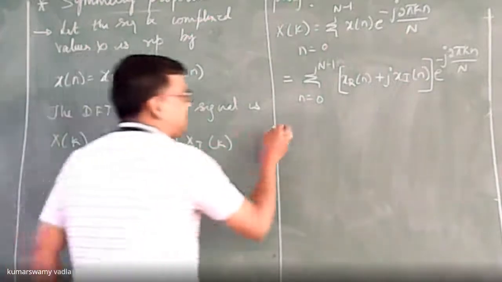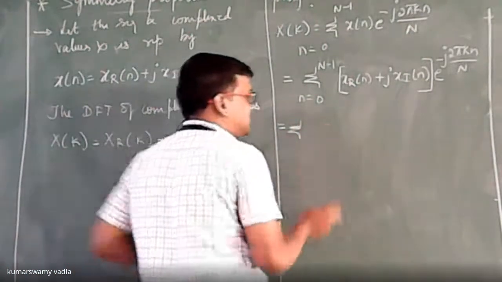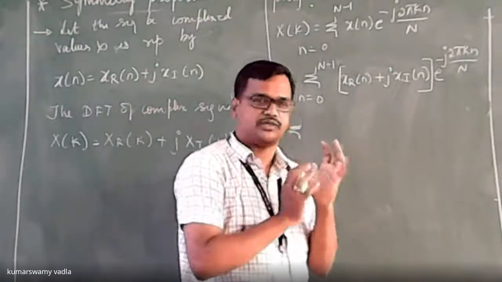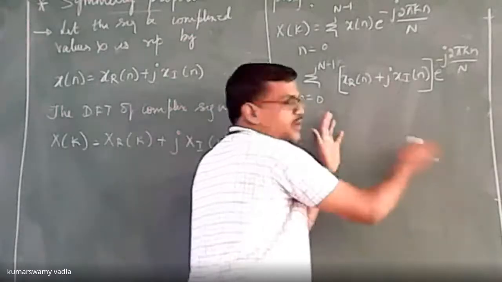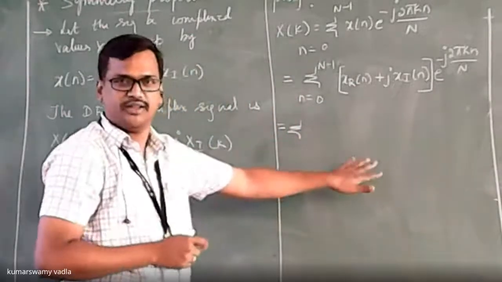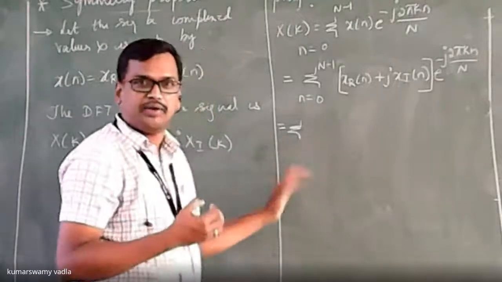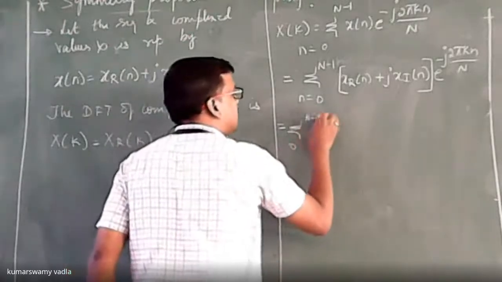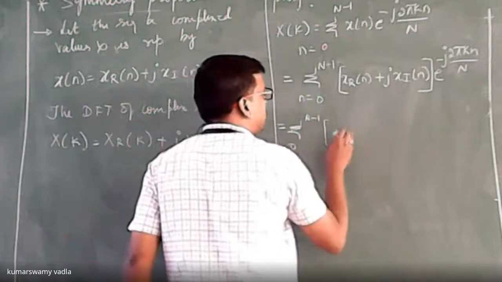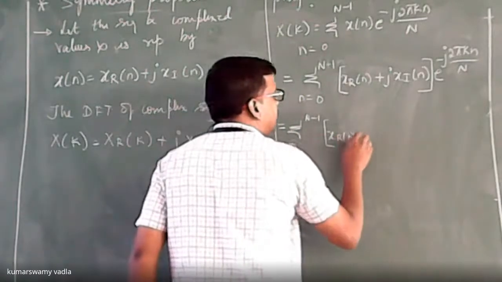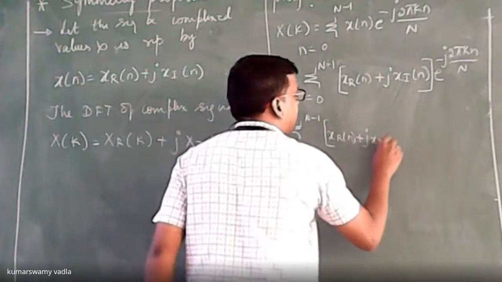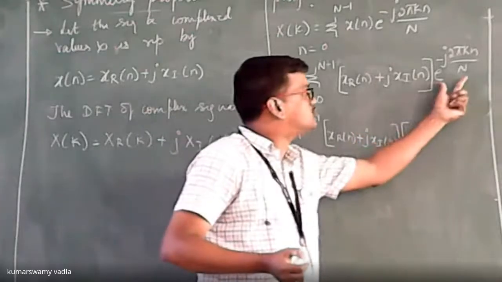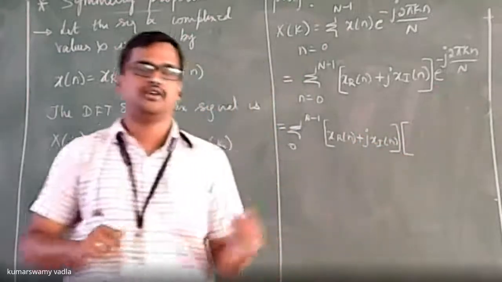Now, next step is, since availability of space is limited, my font is becoming smaller and smaller because I need to put many terms over there. Please bear with the font. If you cannot see, please let me know. I can darken it. Summation 0 to N minus 1, you write down this xr of n plus j xi of n into, I will write this in terms of cosine and sine terms.